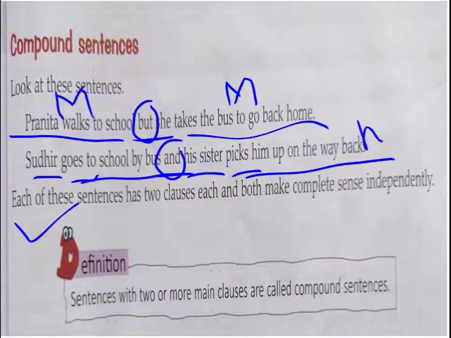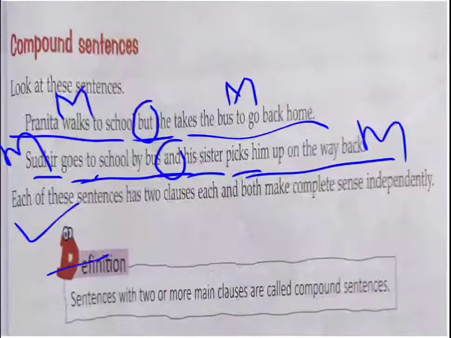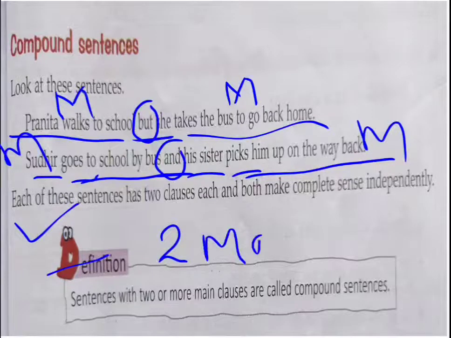So both are main clauses, so both are independent. Now look at the definition. Sentences with two or more main clauses are called compound sentences. Here two main clauses will come, or maybe more than two main clauses will come. So sentences with two or more main clauses are called compound sentences.